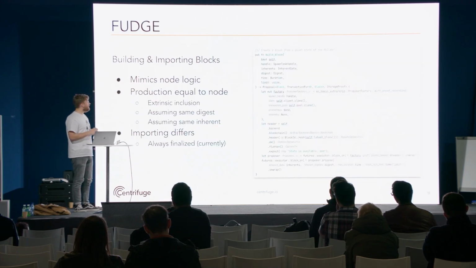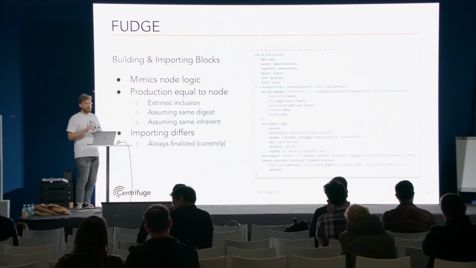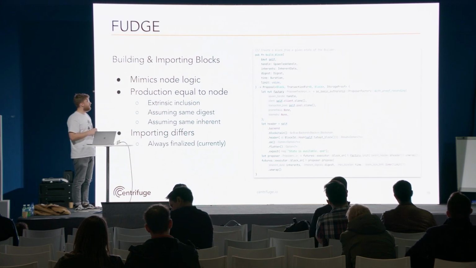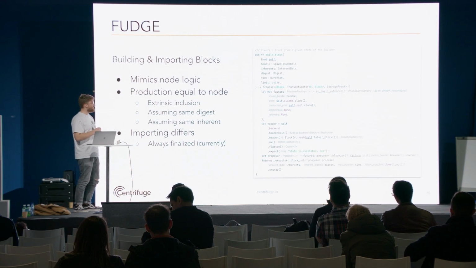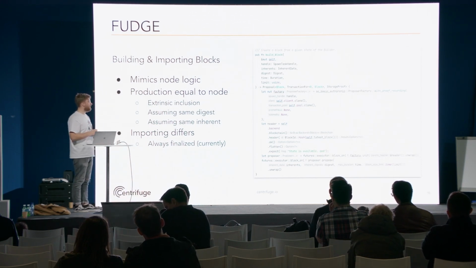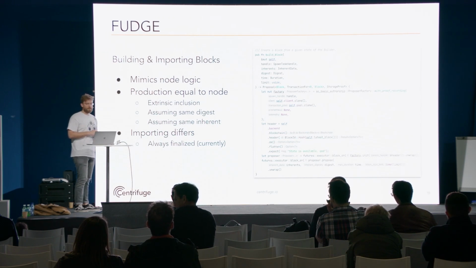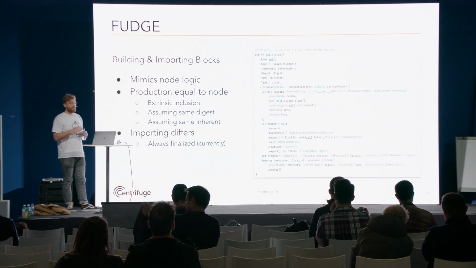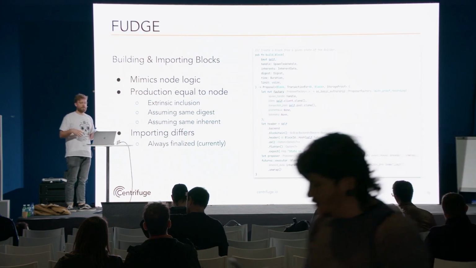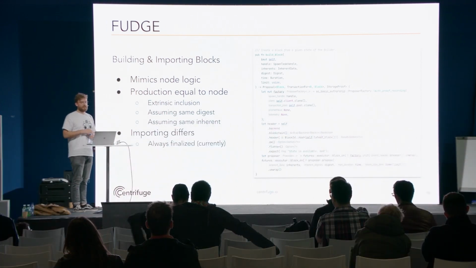And for the block building, FUDGE tries to mimic the node logic as closely as possible. So this is the code snippet, and yes, there are a lot of unwraps. We're past proof of concept, but we're cleaning up error handling and everything. What you see here is that we're using the normal proposer factory that basic authorship of Substrate uses, and as long as your pool provides extrinsics correctly, they will be included just like on your node.